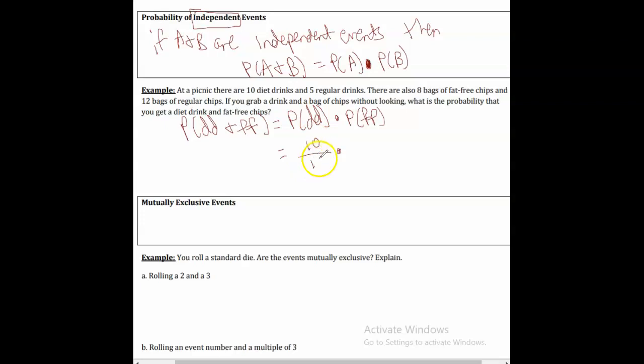So I have 10 diet drinks out of 15 drinks total, and I have 8 fat-free chips out of 20. If I simplify this, I get 2/3 times 2/5. So I get 4/20. Not 20, my bad. 4/15.